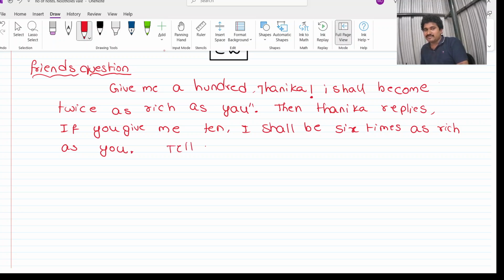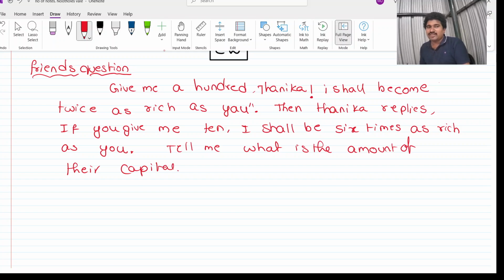Tell me, what is the amount of their capital? The first friend who asked is Ritanya. Ritanya asked Tanika first.